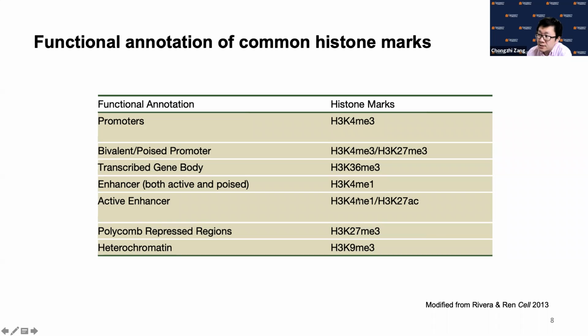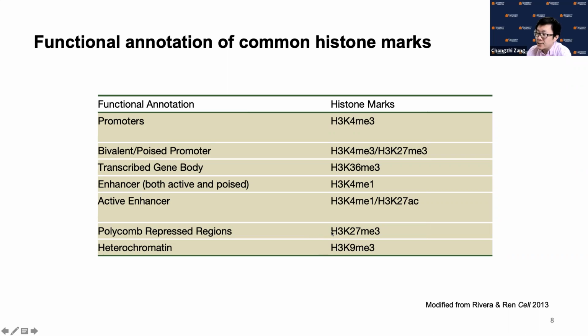H3K4 monomethylation and H3K27 acetylation are both marked at enhancer regions. As you can see here, they have a difference: K4 monomethylation can mark both active and poised enhancers, and for active enhancers, H3K27 acetylation is the single mark that clearly marks active enhancers.